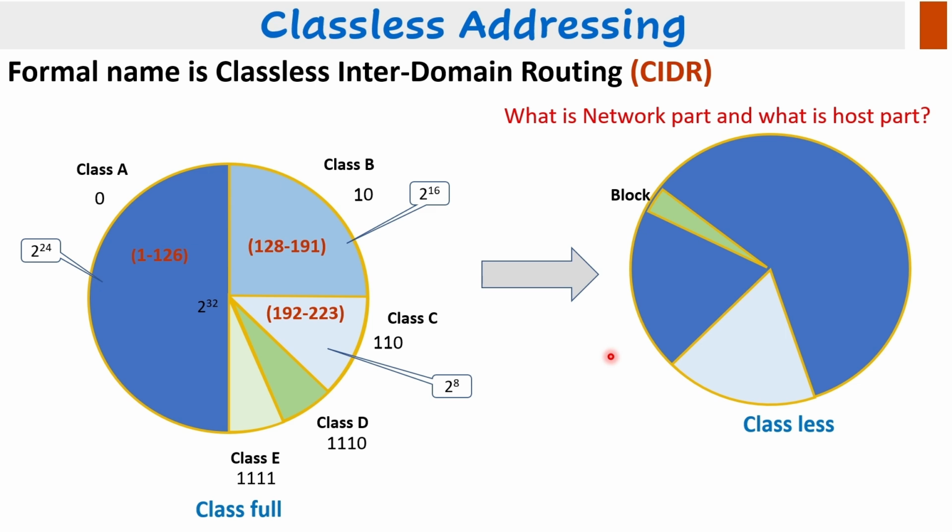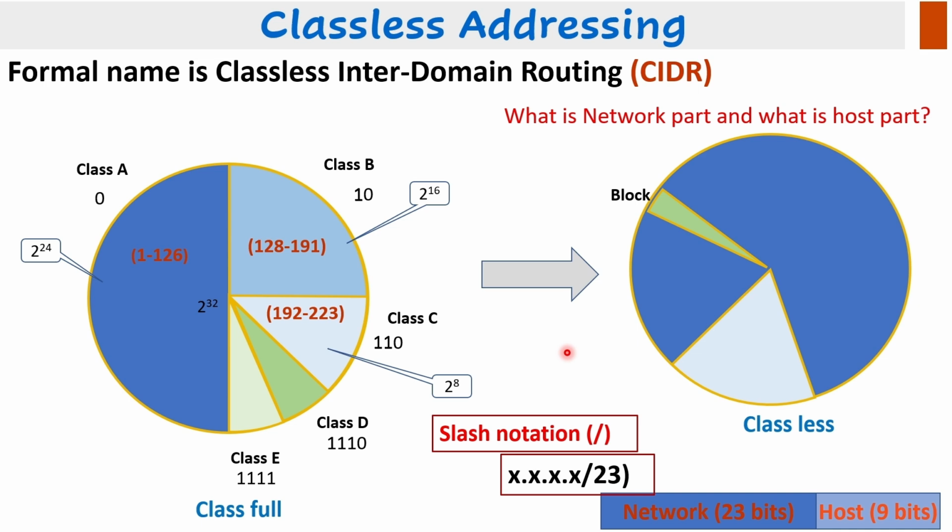To resolve it, the new concept says let's use the slash notation. The slash notation is used for identifying the number of network bits. For example, x.x.x.x/23 means the network address is 23 bits.